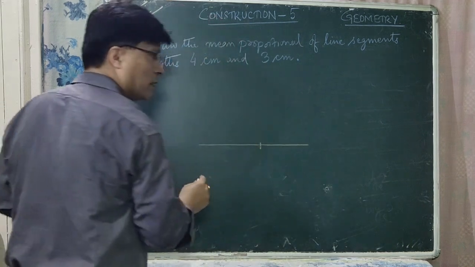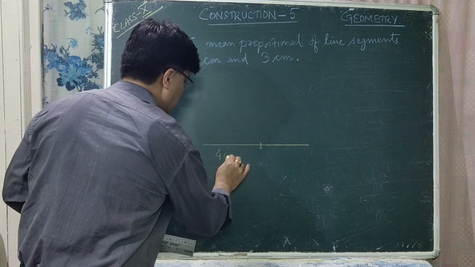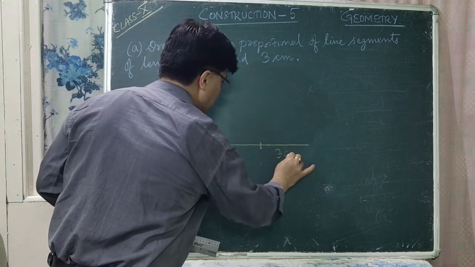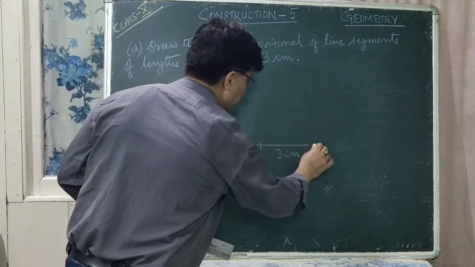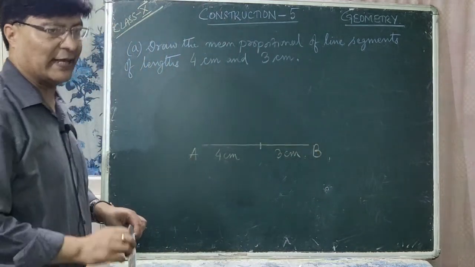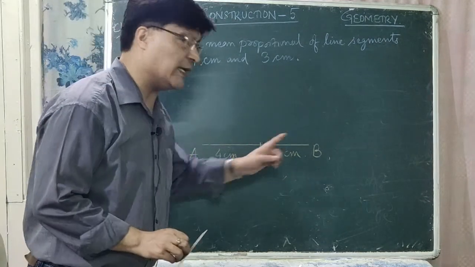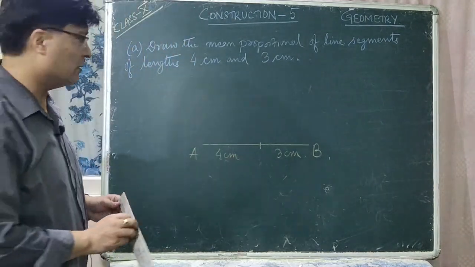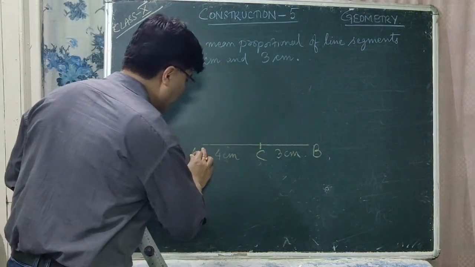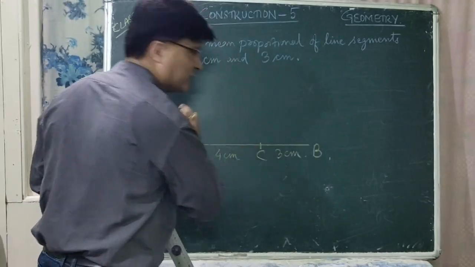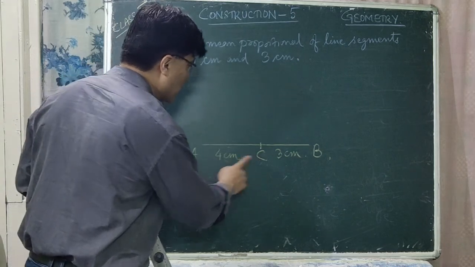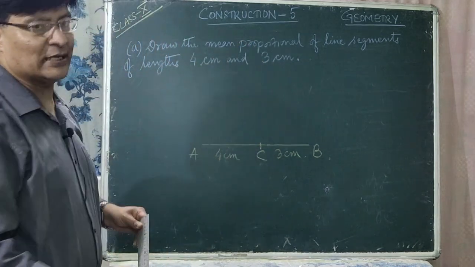So this is your 4 cm and this is your 3 cm. Suppose this is AB. So AB is of length 7 cm, and from A to C it is 4 cm, and from C to B it is 3 cm. So the total length is 4 plus 3, which is 7 cm.